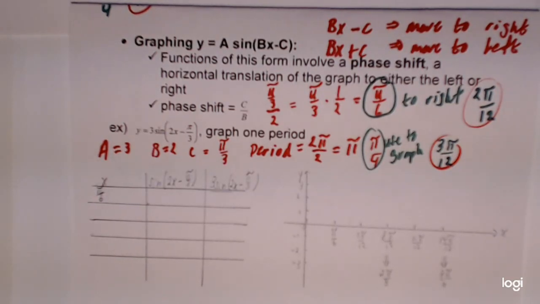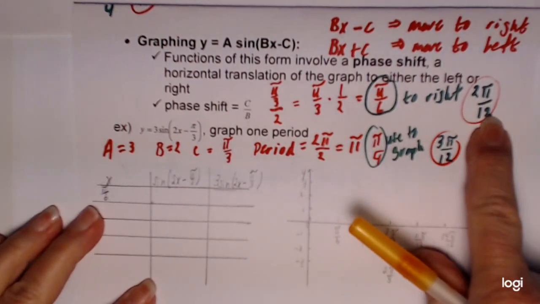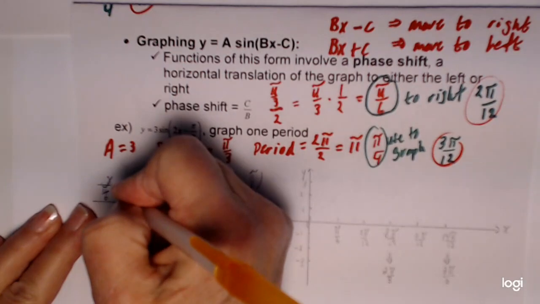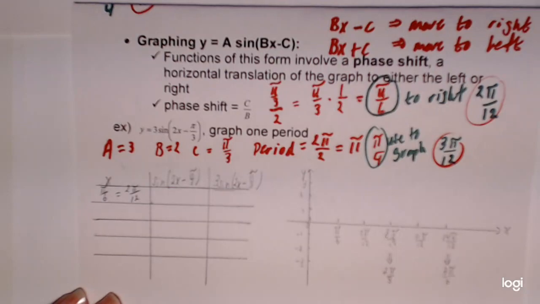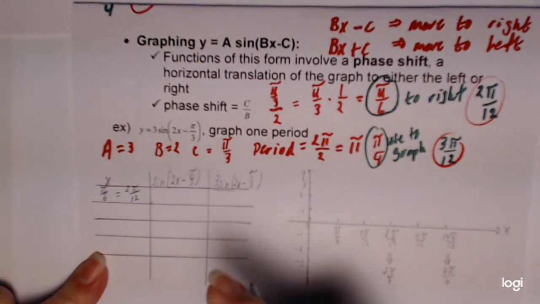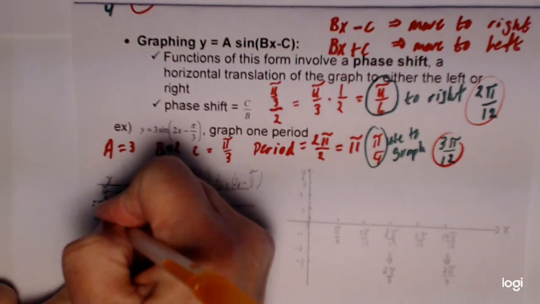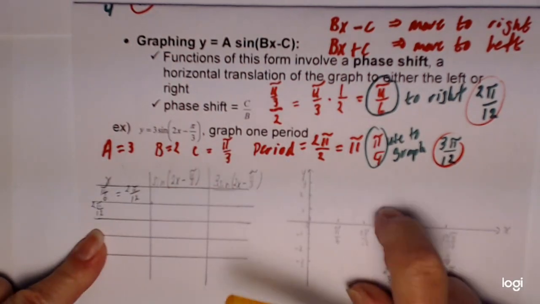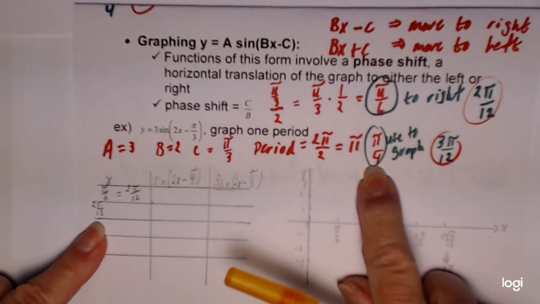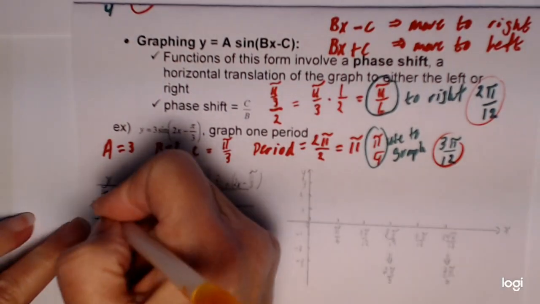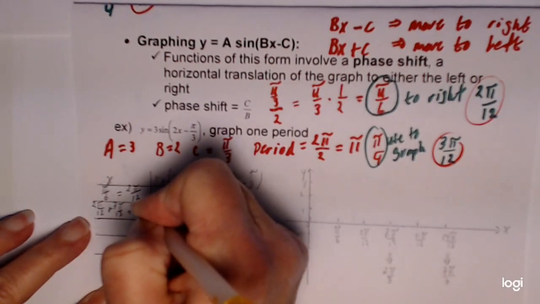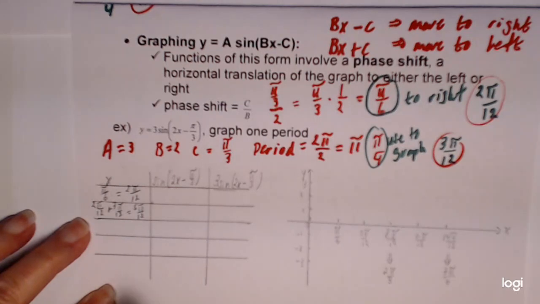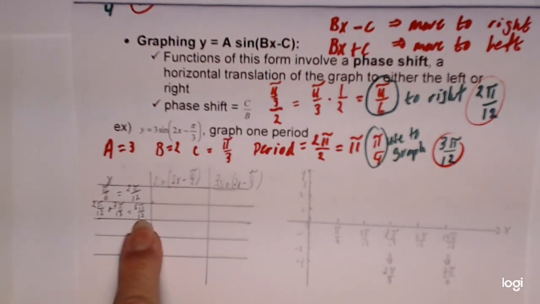So going back to our starting point of pi over 6, I'm going to rewrite it using this 2 pi over 12. So this is 2 pi over 12 that we're going to start at. For our next point, we have our 2 pi over 12, and we're going to add our increment, but instead of the pi over 4 version, we add the 3 pi over 12 version, and this gives us our next key x value of 5 pi over 12.